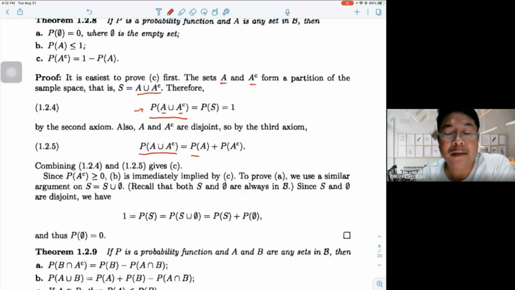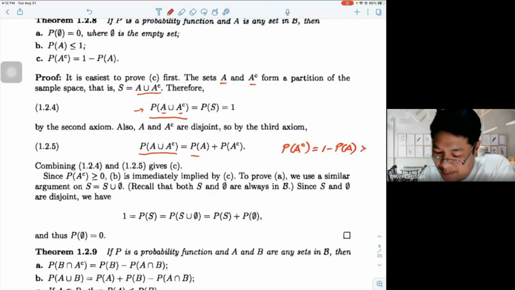Property B. Since the probability of A complement is non-negative, according to the definition of a probability function, that would imply that the probability of A should be less than or equal to... Okay, so we know now that the probability of A complement is 1 minus the probability of A, and according to our probability function, the probability of A complement is non-negative.